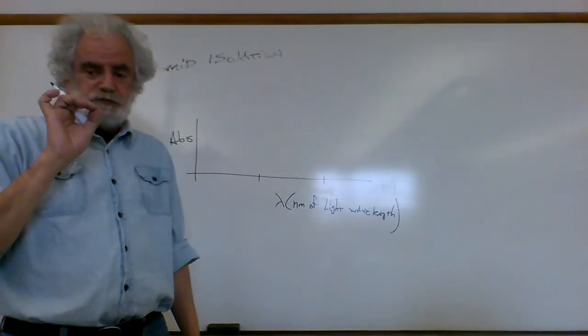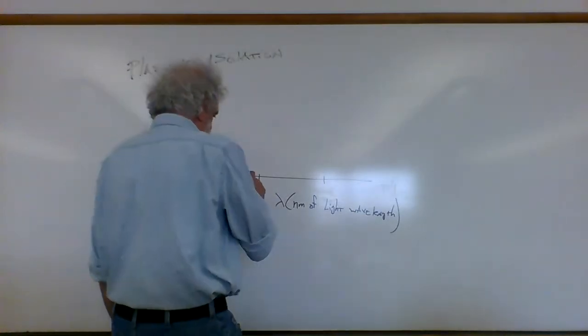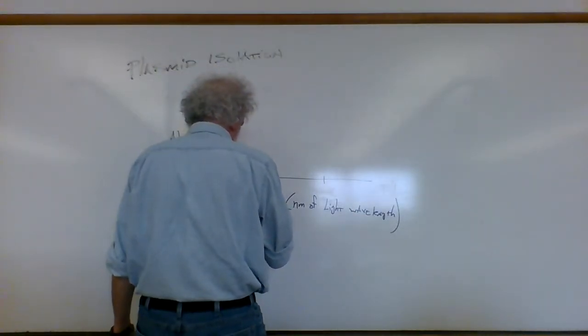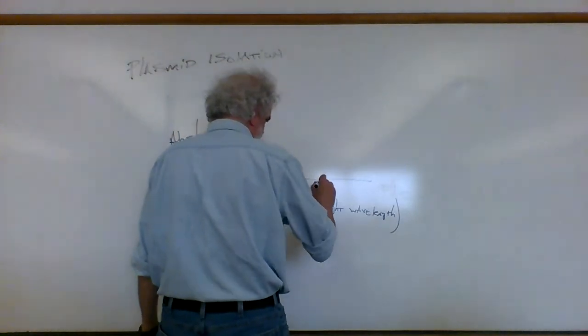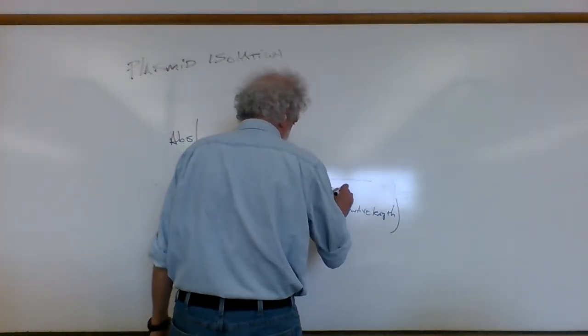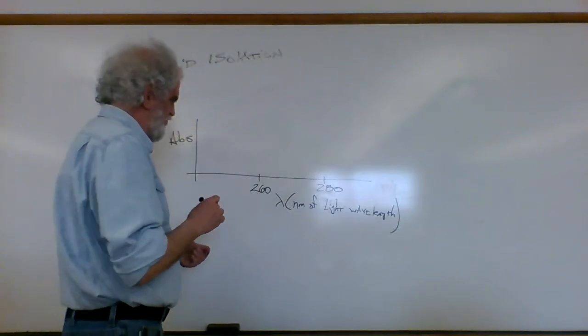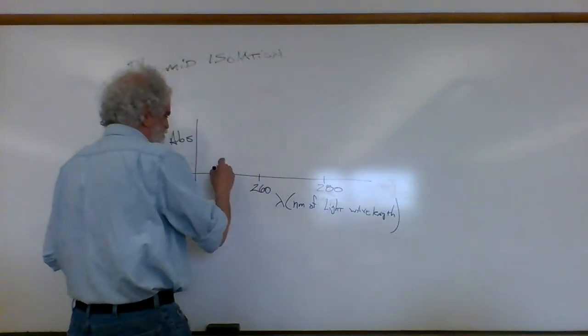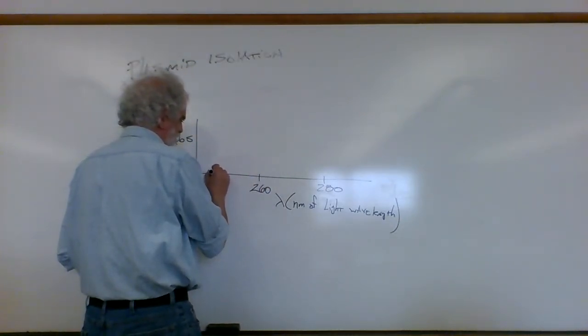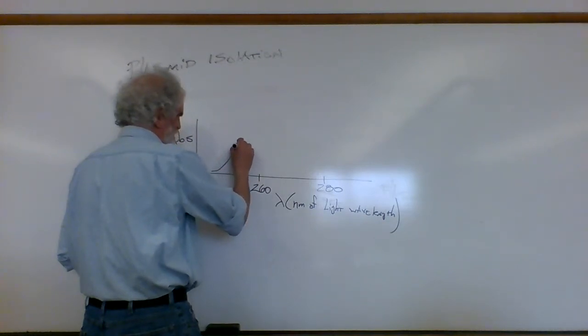All right. So there's two wavelengths that we measure at, 260 nanometers and 280 nanometers. And we do this because DNA absorbs really well at 260 nanometers. And if you were to do a scan, you'd see something that looked like this.